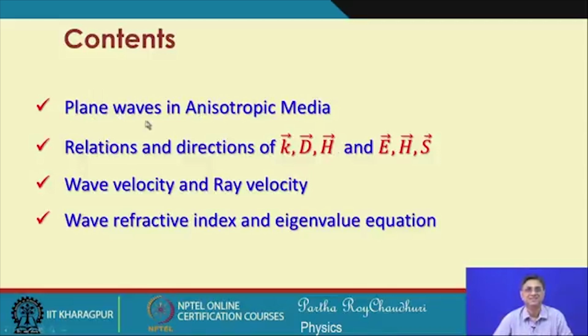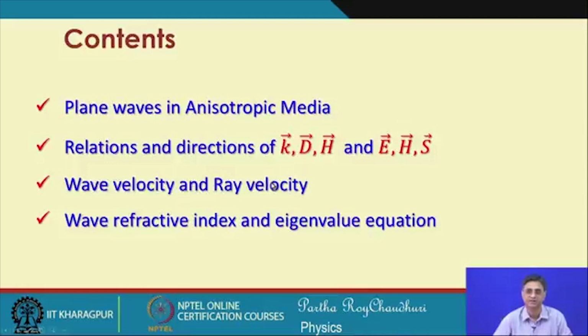Now, we will discuss the propagation of plane electromagnetic waves in anisotropic medium, and in doing so, first we will understand the relation amongst these vectors: k vector, D vector, H vector, E, H and S, and their directions, and in the process we will also discuss the wave velocity and ray velocity.